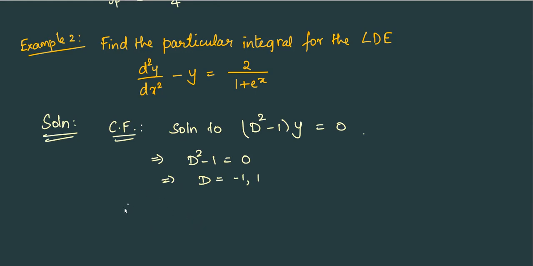So therefore, the complementary function is c1 times e power minus x plus c2 times e power x. So this is the complementary function.